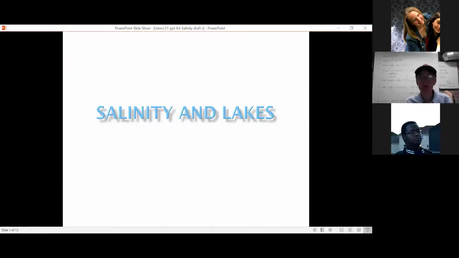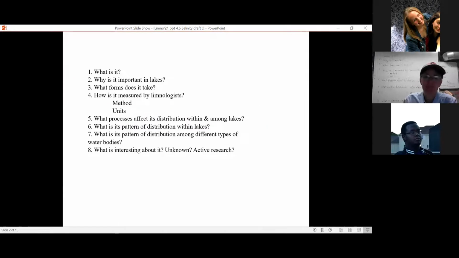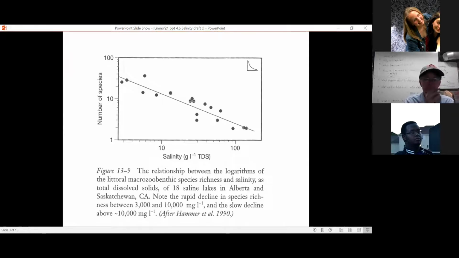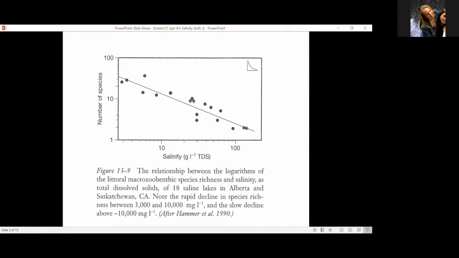All right, so our first big topic of today is salinity and lakes. Why is salinity important? Oh, should we answer our first question first?